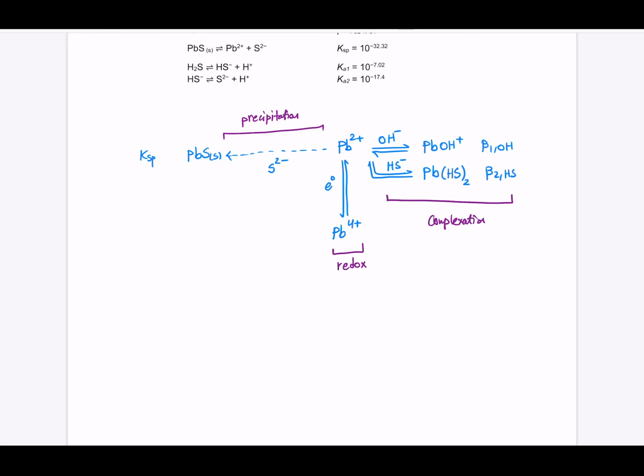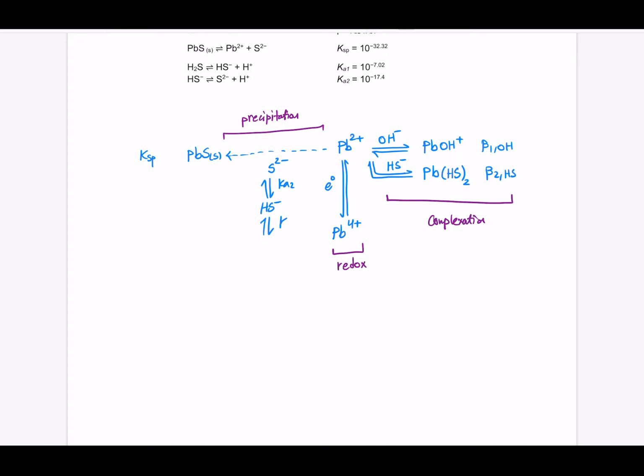Okay, so let's say you want to do gas equilibrium. With what species? But we still don't have H2S on the map. So it's easier to work with acid base first. S2 minus that is on the map right now, with Ka2, could be HS minus.